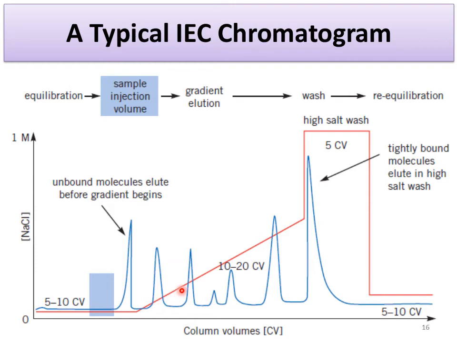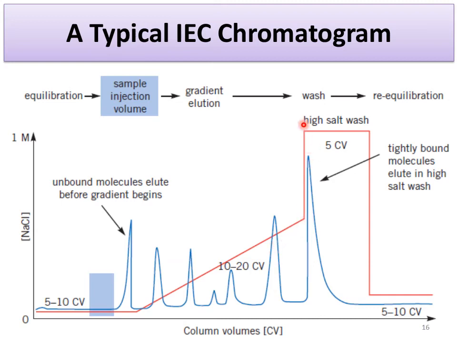Then the salt concentration increases further. Now another protein with relatively greater binding affinity will be removed from here. As the salt concentration increases further, the proteins with even higher binding affinity will be released from the stationary phase and eluted from the column.